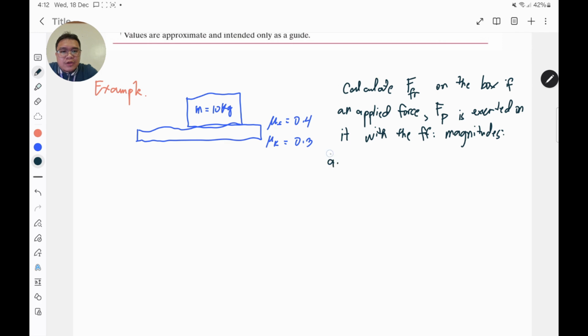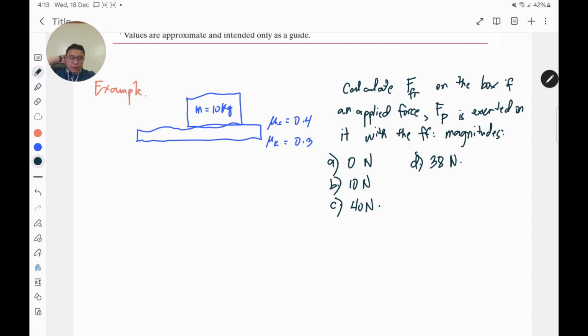Let's say here, letter A, 0 newtons, letter B, 10 newtons, letter C, 40 newtons, and letter D, 38 newtons.